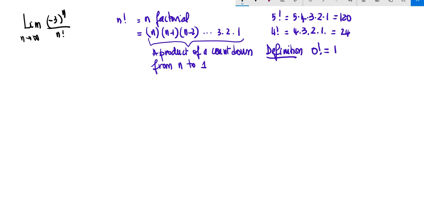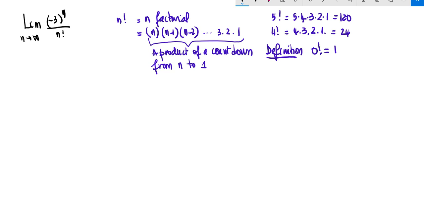Again, this is an example of an alternating sequence. So if its absolute value goes to 0, that means that each term is really getting closer and closer to 0 as n is getting larger and larger, and that will mean that the sequence goes to 0. But we need to prove that. Okay, so how do we do that?